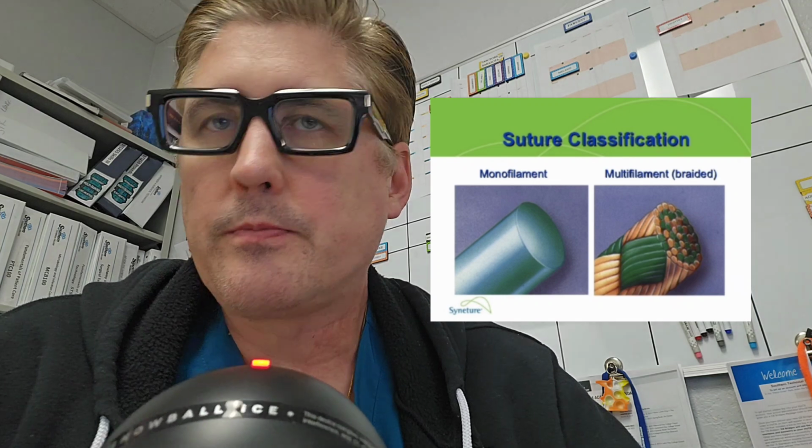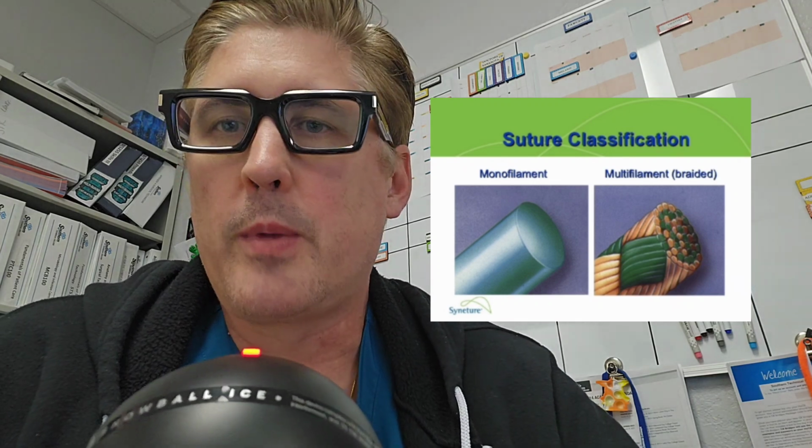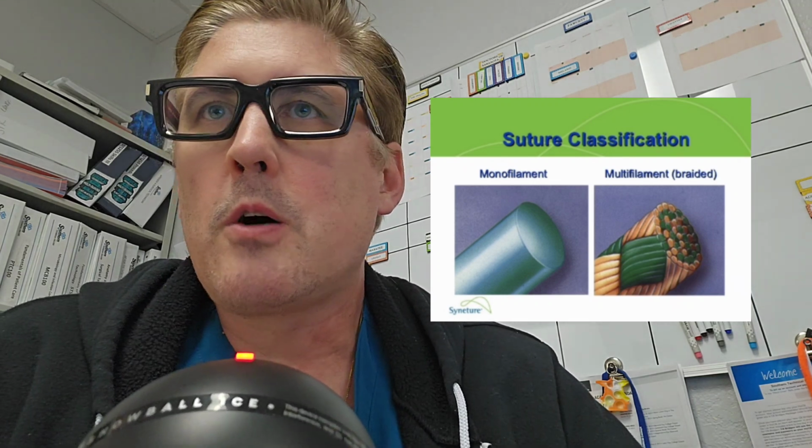Sutures: absorbable, non-absorbable. There's also something called multifilament or monofilament. Multifilament is also called braided type of sutures. Again, tensile strength really means how strong the suture is going to hold, right? So in orthopedics, you want good tensile strength.